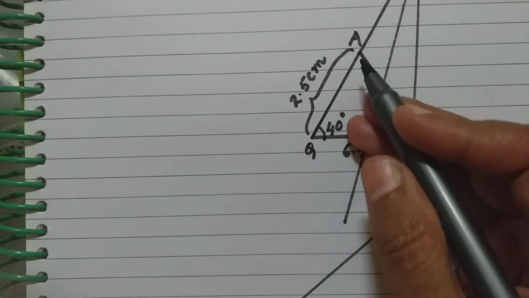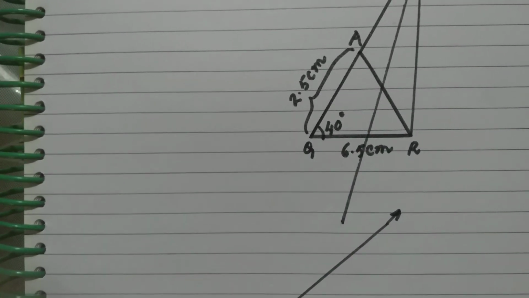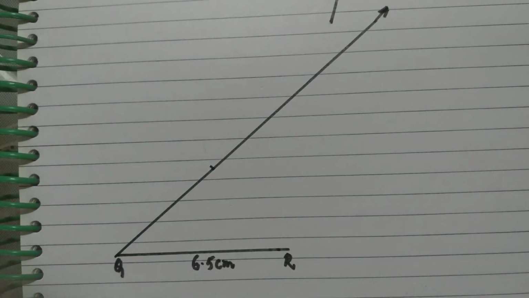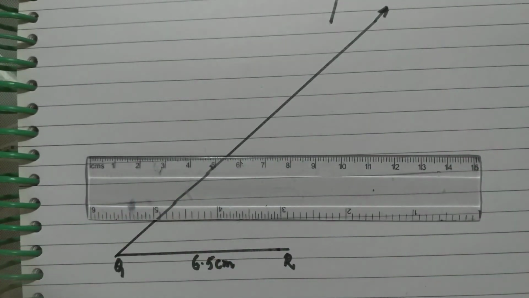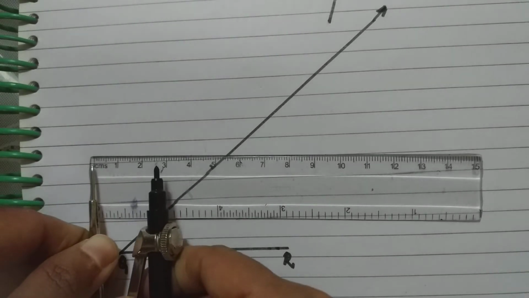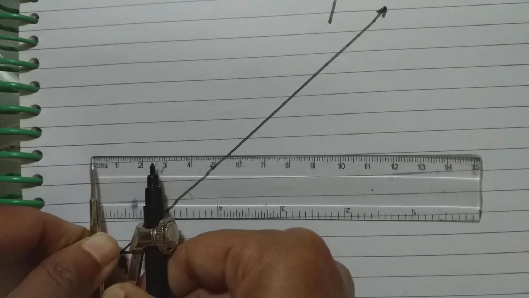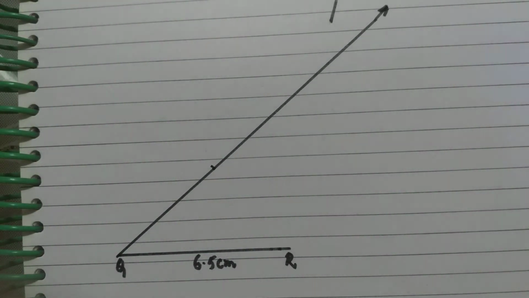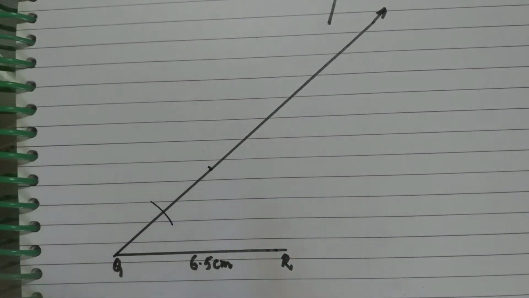Now once I draw this ray, what have I to do? I have to find this distance 2.5 centimeter. So how do I find this distance? I take the scale, keep it here, take my rounder, find the distance 2.5 centimeter. Then keep the rounder at Q and draw an arc which cuts the ray.